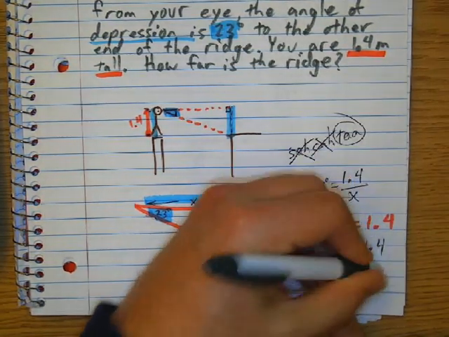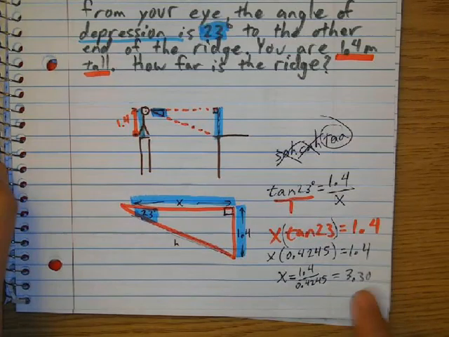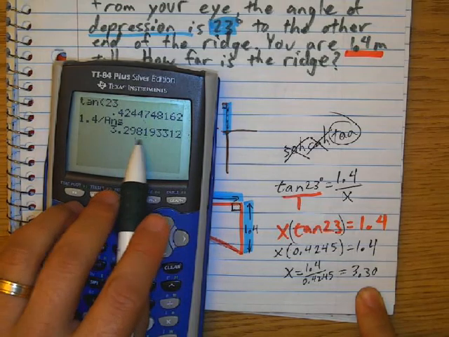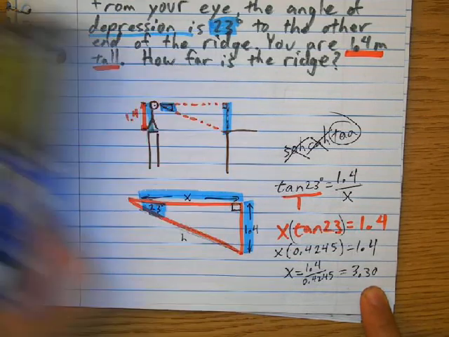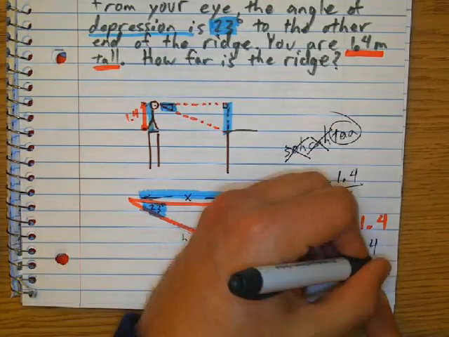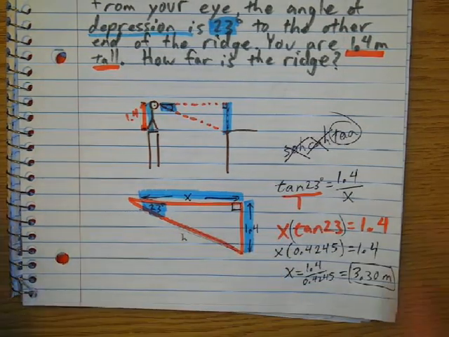If I wanted 2 decimal places, then this 9 would round up from the 8, and I would have 3.30 meters. And that would be the distance between the 2 cliffs. Let's do one more example.